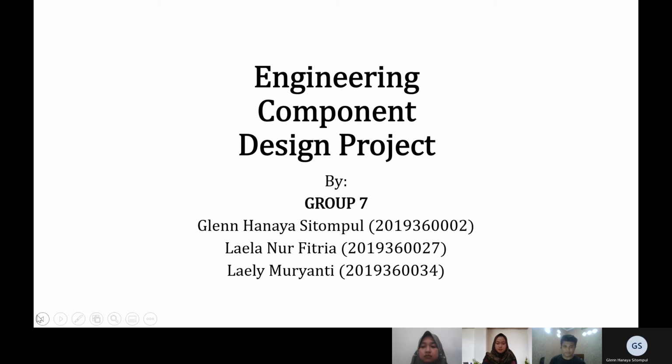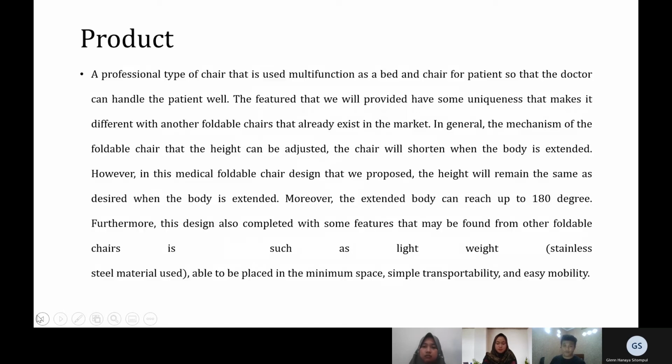Next please. Here we are going to show you our product for the project in engineering component design class. The uniqueness of our product is that we are going to make a type of professional chair, a foldable chair that can be extended as a bed and then can be used as a chair also, and can be used in a medical ward as a replacement for the bed.